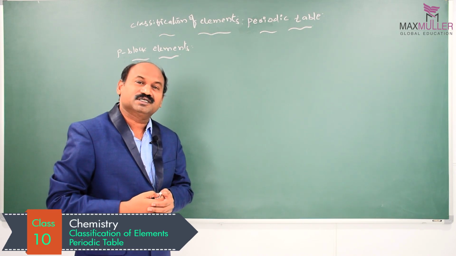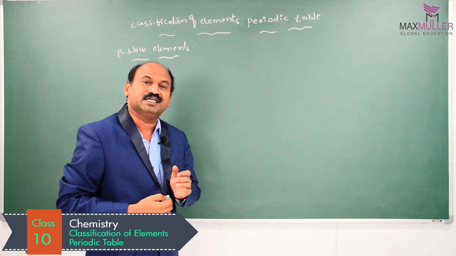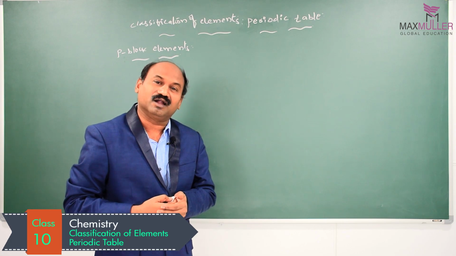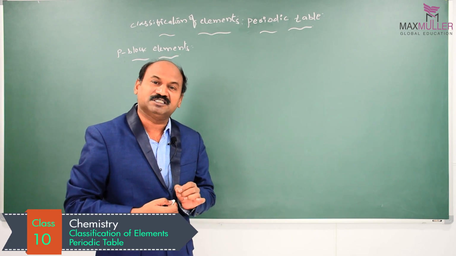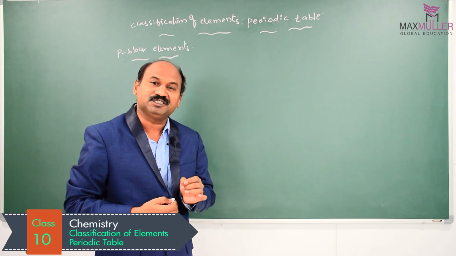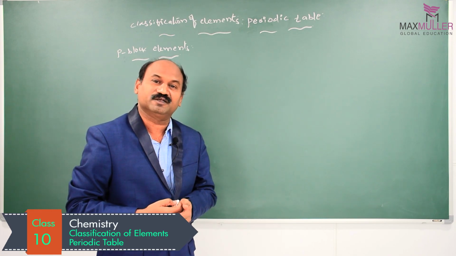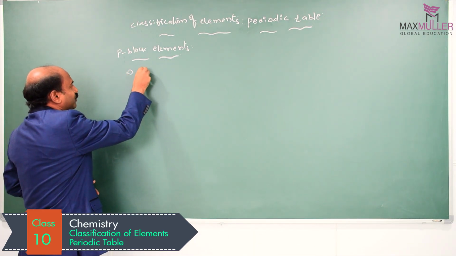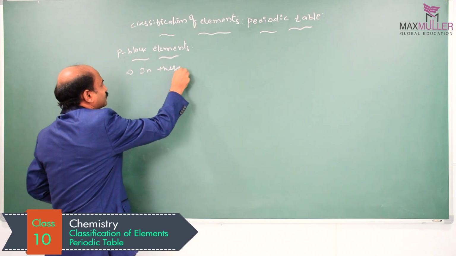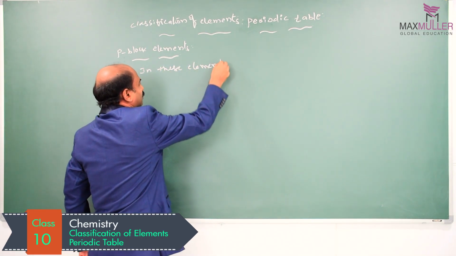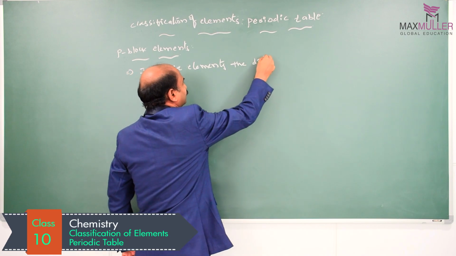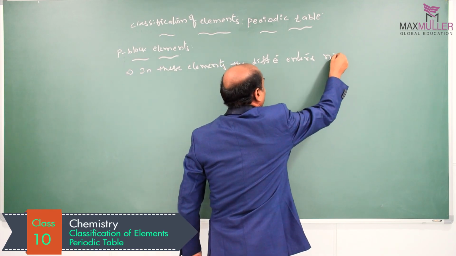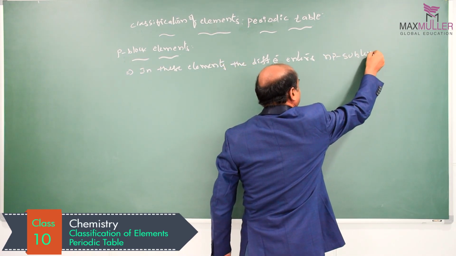The elements in which the differentiating electron enters the np sublevel are called p block elements. np sublevel means the p sublevel of the outermost shell. So, in these elements, the differentiating electron enters the np sublevel.